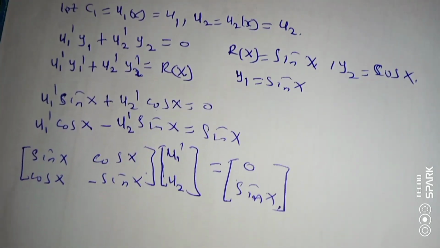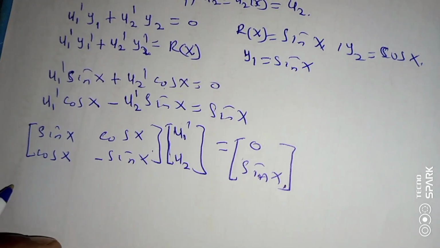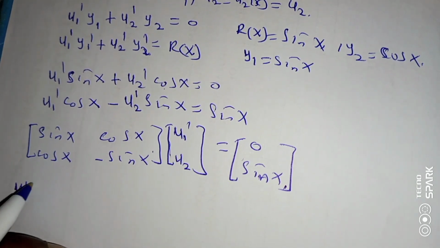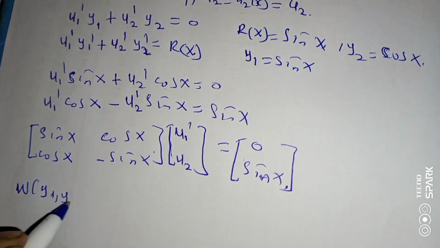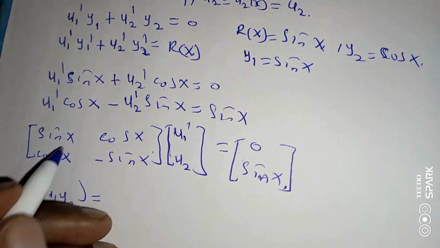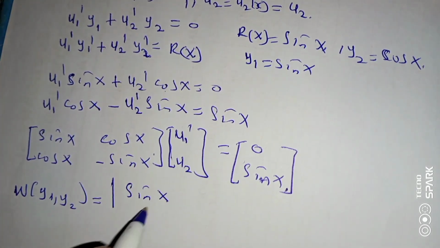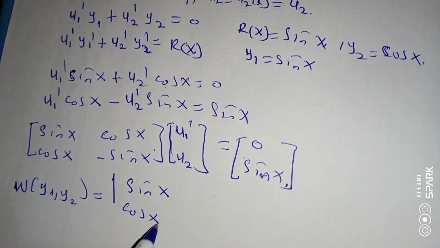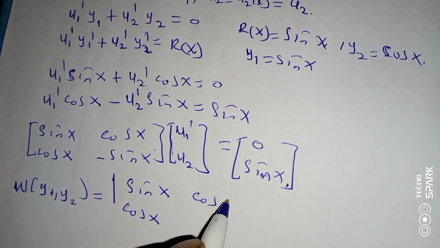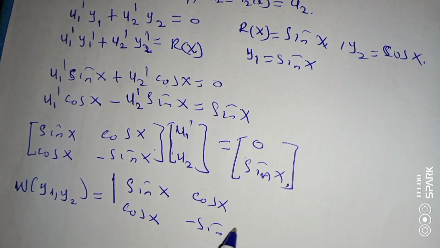So the next step, we are going to determine what is called the Wronskian of y1, y2, which is given by the determinant of this matrix: sine of x, cos of x; cos of x, negative sine of x.